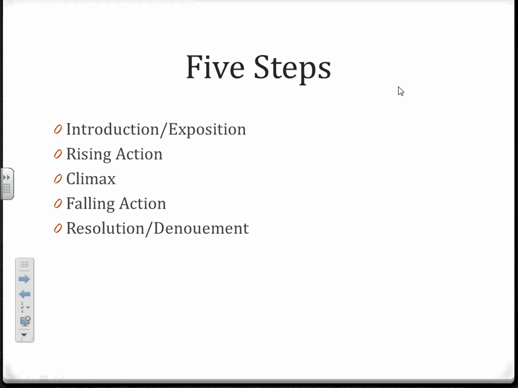It's just 2 different words for the exact same thing. Then you have your rising action, your climax, falling action, and then the resolution or denouement. If you want to sound fancy, call it the denouement. When you're finished writing it down, go ahead and put your pencils down so I know you're finished, and then we can move on.